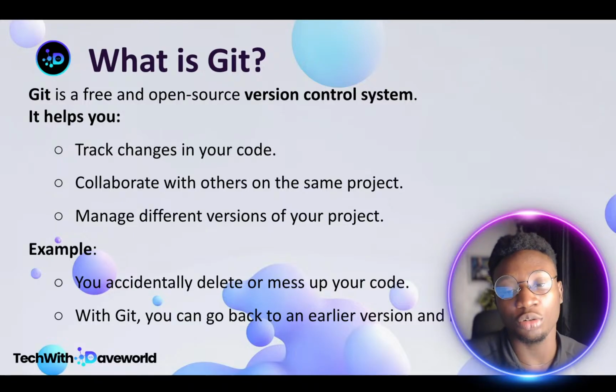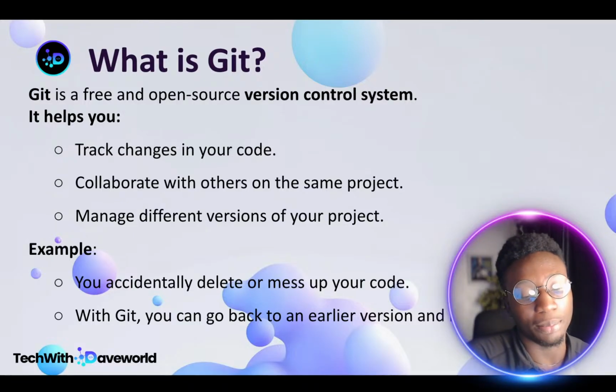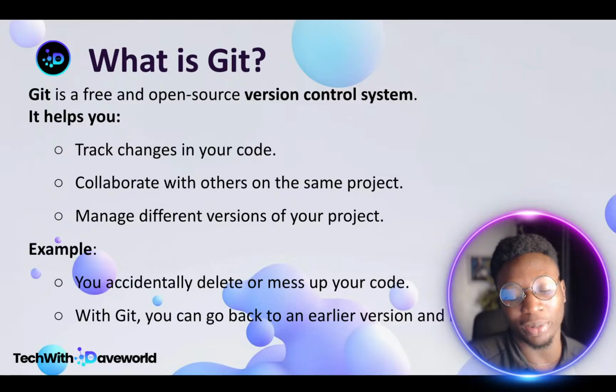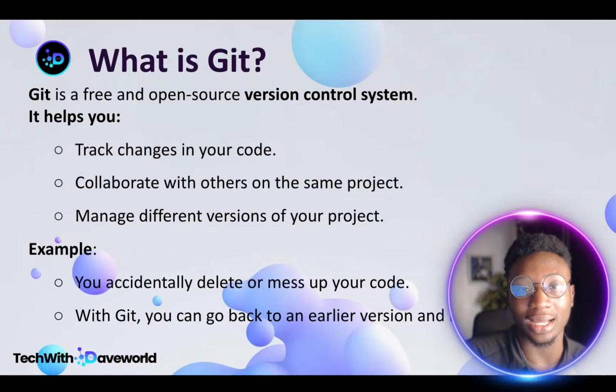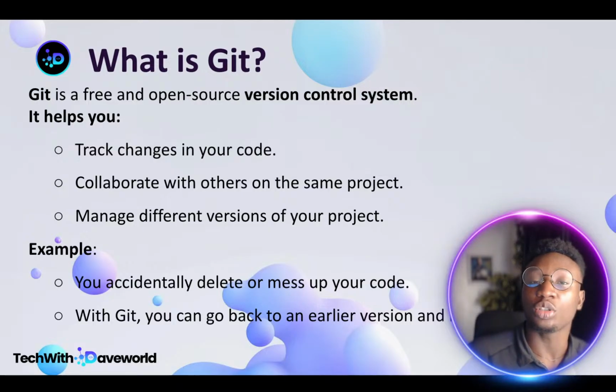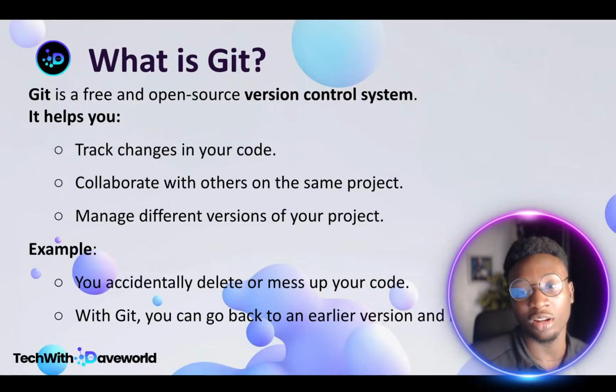So Git is going to track that person A is working in this particular folder, with this particular file, and person B is working in this particular file also, right? So you can use Git to merge those changes together, and basically you are going to be working on the same file without having any issue, right? So it allows you to collaborate with other developers, right?